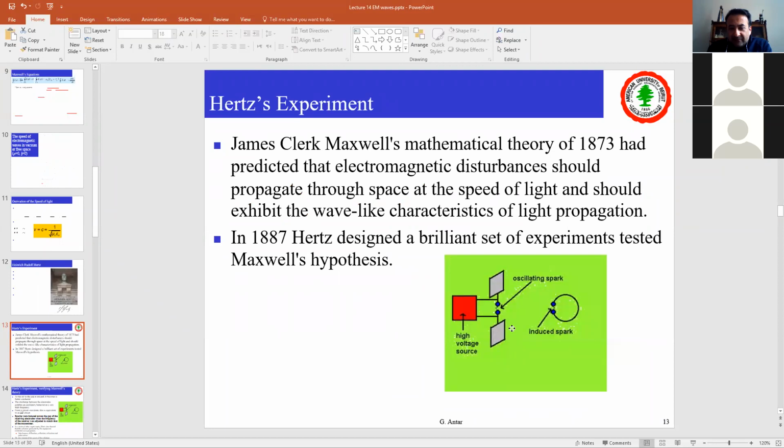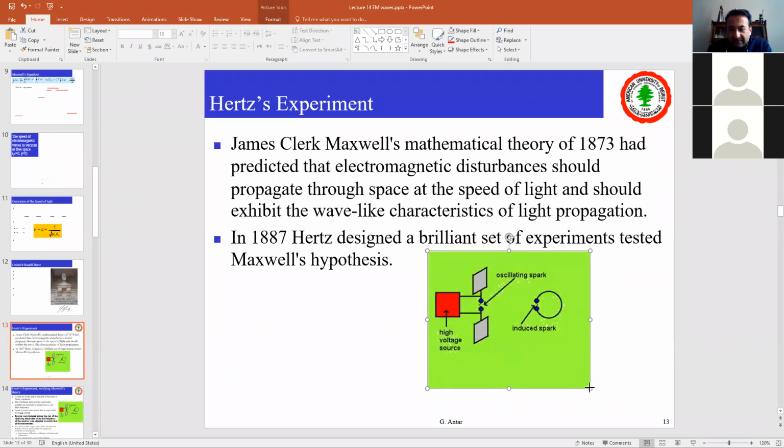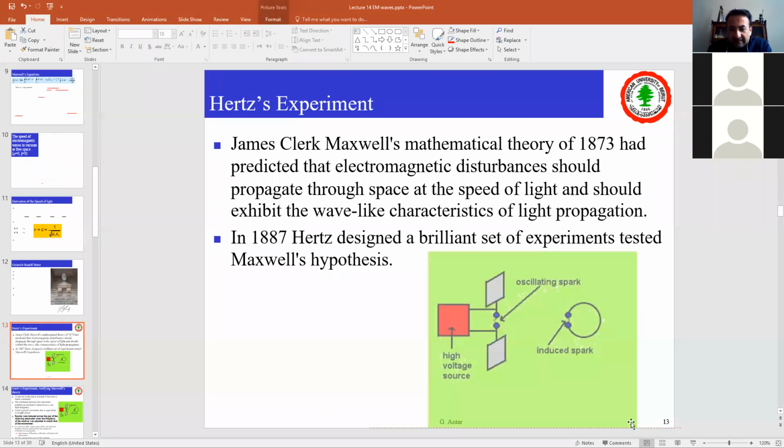Well, what he did is the following: he took a high voltage source, a battery, okay? And he connected it to a wire here, with two conducting spheres. These two conducting spheres do not touch each other, but they are very close to each other.